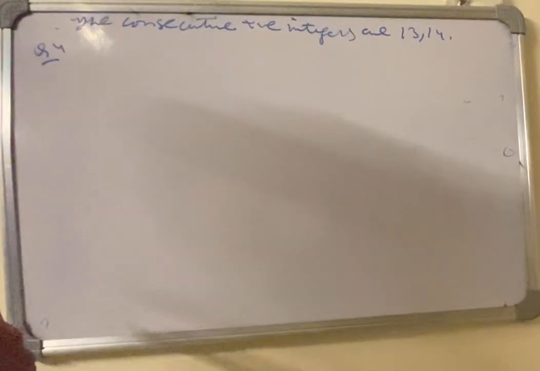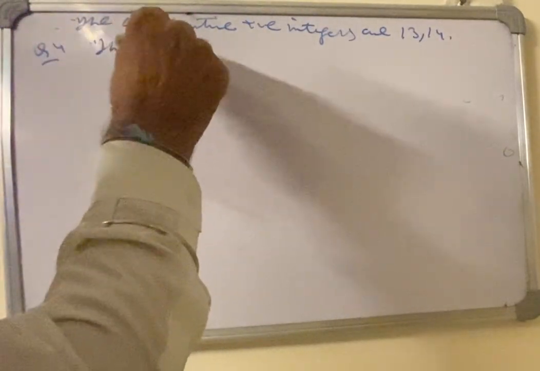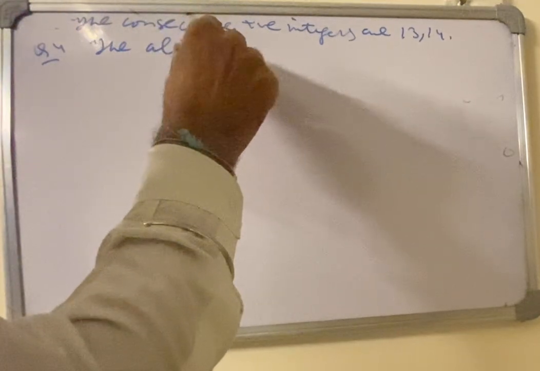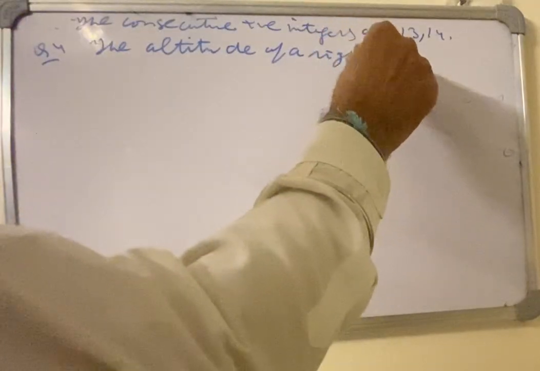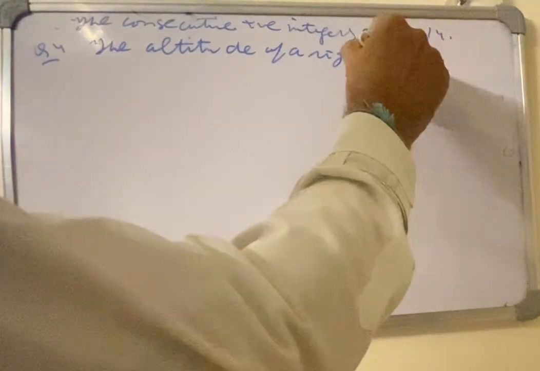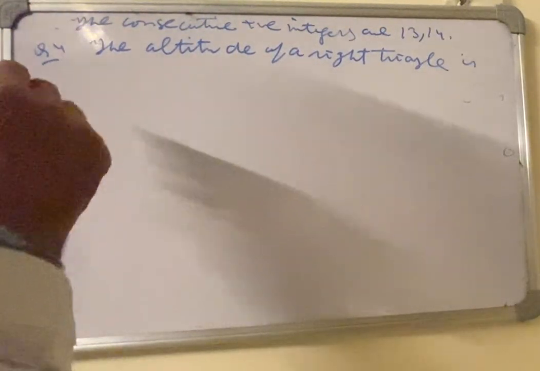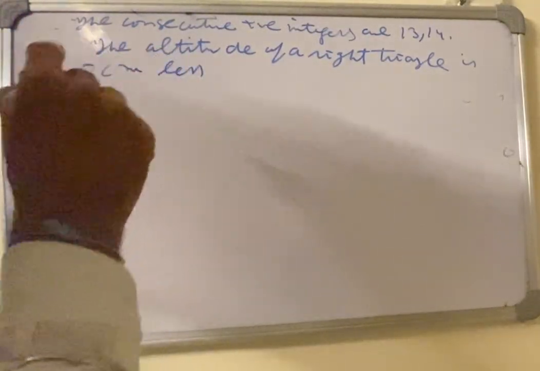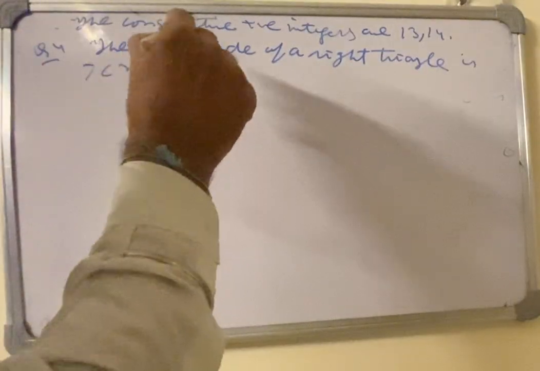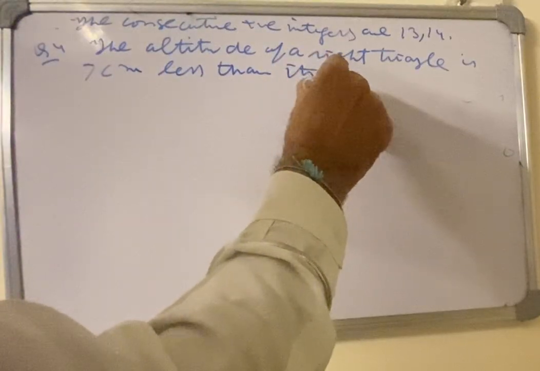Fourth question: the altitude of a right triangle is 7 centimeter less than its base.